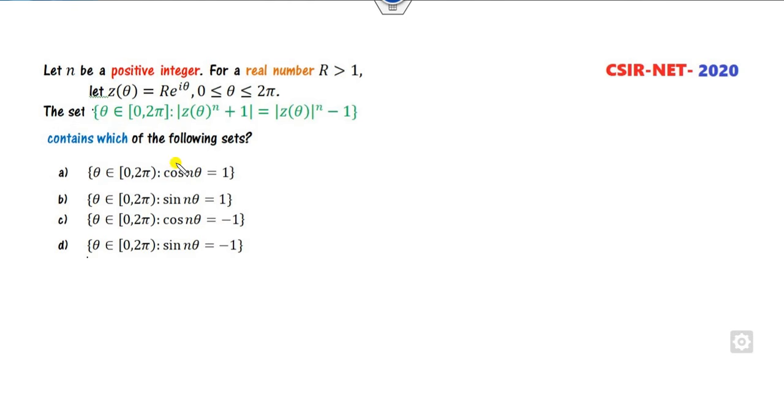Okay, which of the following sets is correct? r is any real number here. A little bit of calculation: z to the n minus 1. I can substitute the z value here, so it is r raised to power n e raised to iota n theta plus 1. This is the mode of r.